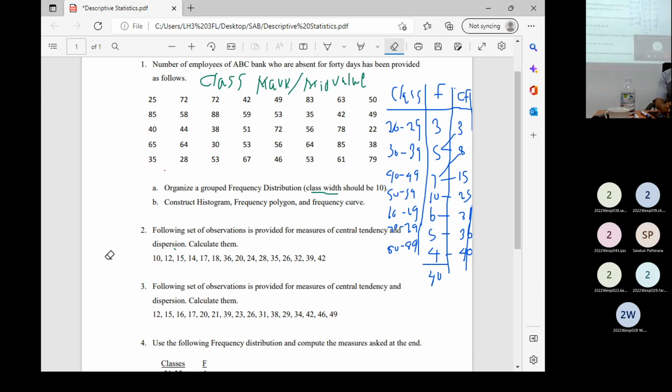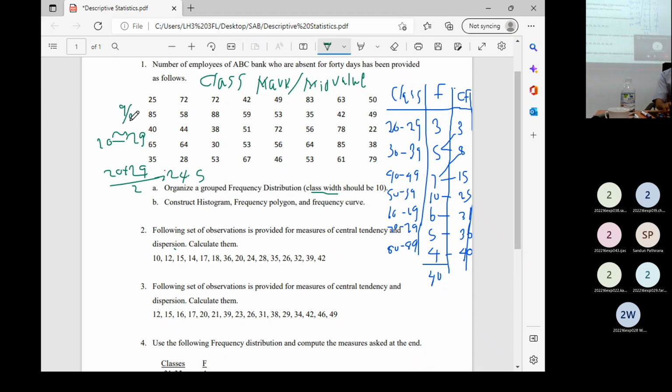As an example, 20-29. Take the summation of both, 20 plus 29, divided by 2. Answer is 24.5. Or take the gap of this 20-29, gap 9.